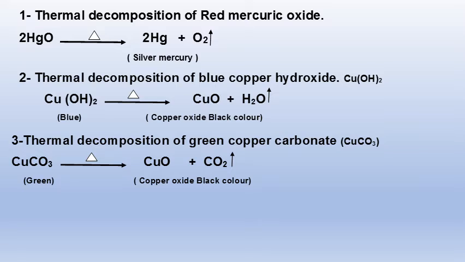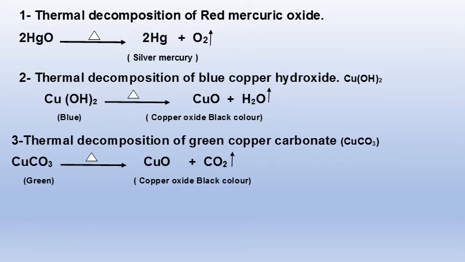Okay, so the copper carbonate, its chemical formula CuCO3. It has a green color. By the effect of heat, it decomposes into its elements, which are CuO, and this is copper oxide that has a black color, as we said, plus carbon dioxide that is gas and must evolve.